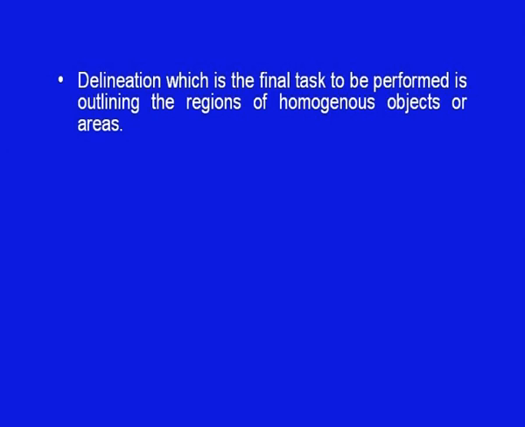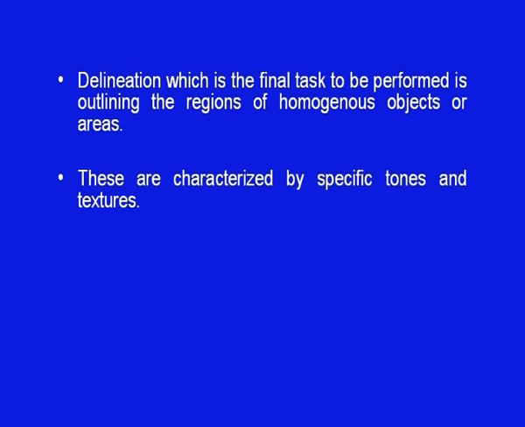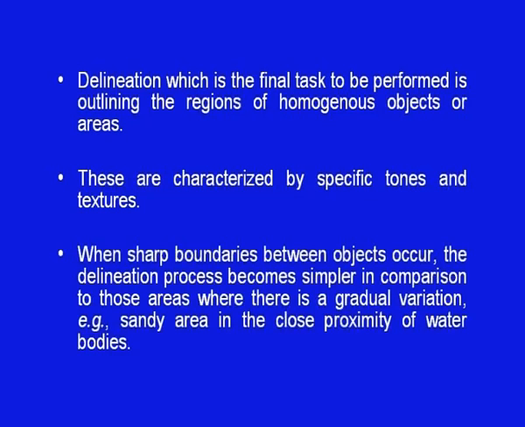Delineation, which is the final task to be performed, is outlining the regions of homogeneous objects or areas. These are characterized by specific tones and textures. When sharp boundaries between objects occur, the delineation process becomes simpler in comparison to those areas where there is a gradual variation.